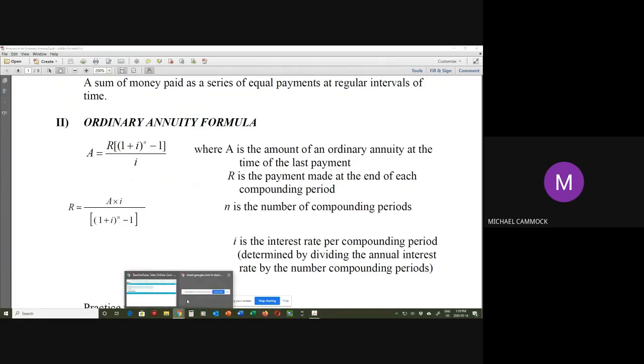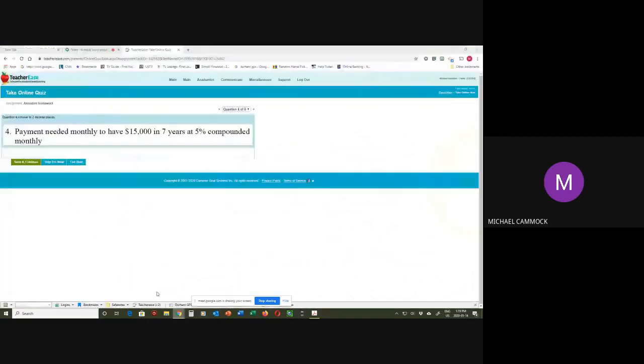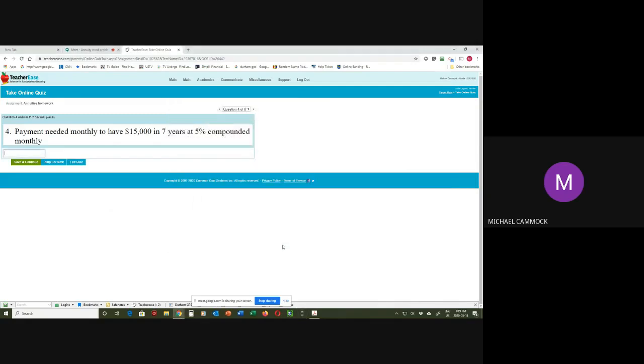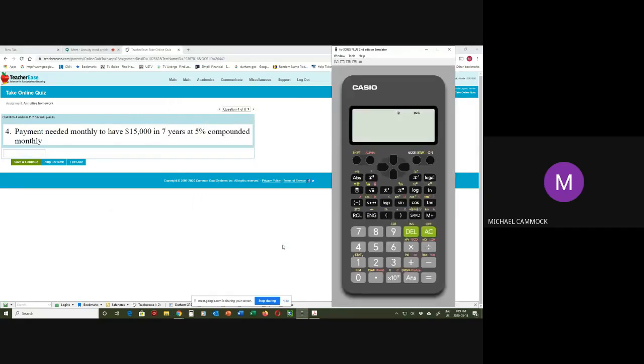So let me come back to the question now. I'm going to bring up the calculator and go through the steps. Everybody see the calculator? Everybody see the question? Okay. I'm going to go with the 15,000 multiplied by the I, which is 0.05 divided by 12.